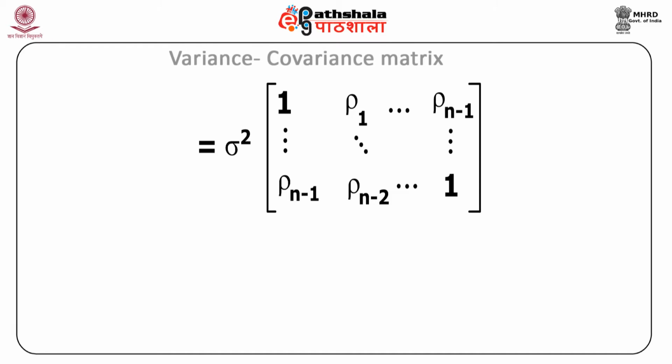I can also define this as sigma square into the matrix with the first column from 1 to rho n minus 1 element. The second column can be written from rho 1 to rho n minus 2, and the last column of this matrix is from rho n minus 1 up to 1.